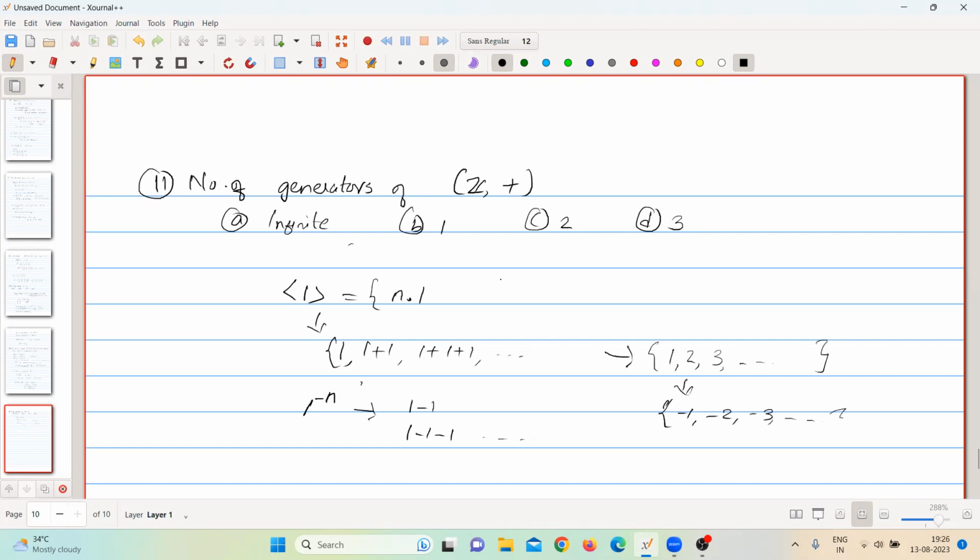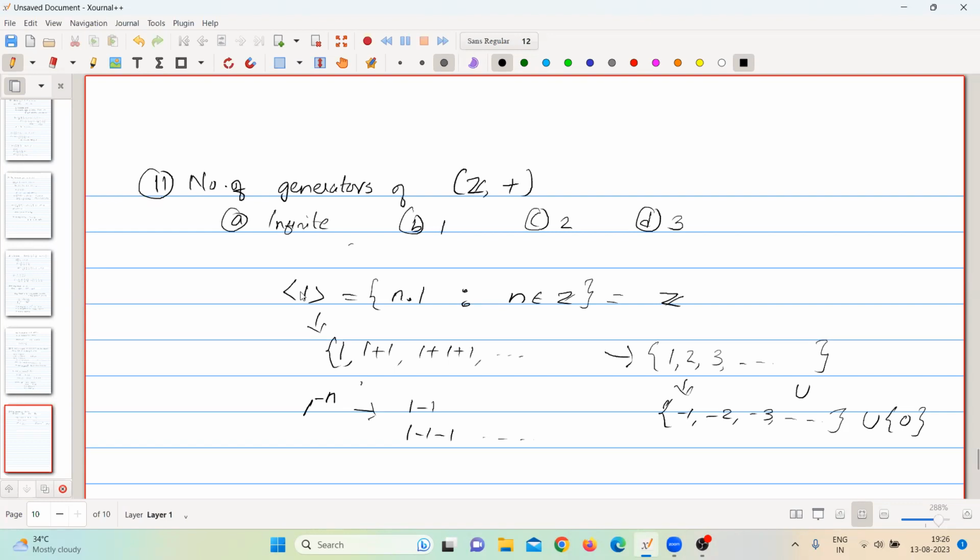All these elements should be there, and also the identity 0 should be there. So what does the generator 1 mean? The set of all n times 1 such that n is in Z, which is the same as Z. So 1 generates the full group Z. Clear?